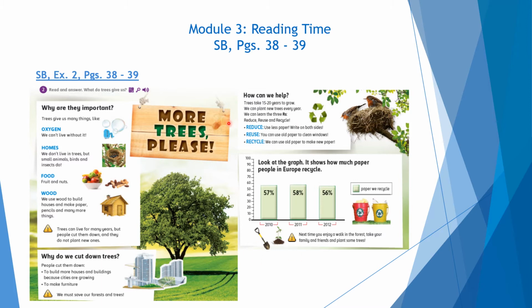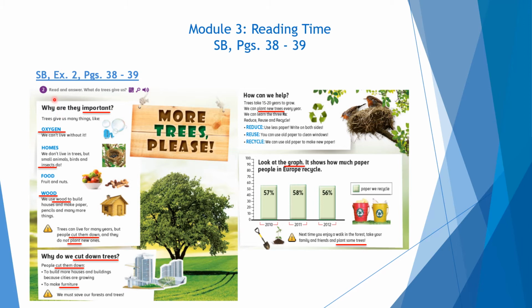What I want from you now is to underline the new vocabulary we have learned today. Yes, we have important, oxygen, insects, wood, cut them down, plant, cut down trees, furniture, plant new trees, graph, and plant some trees.